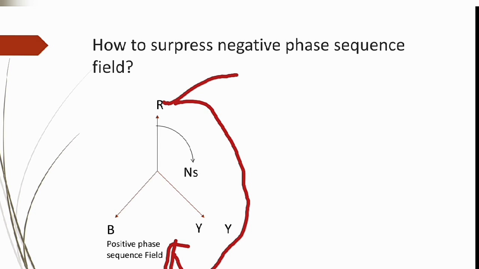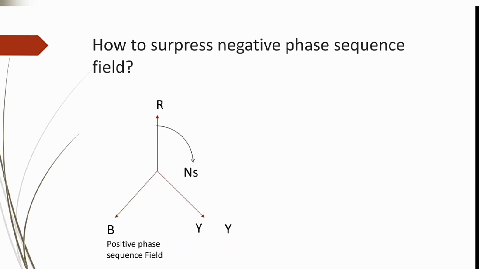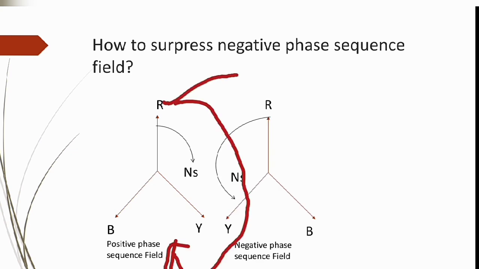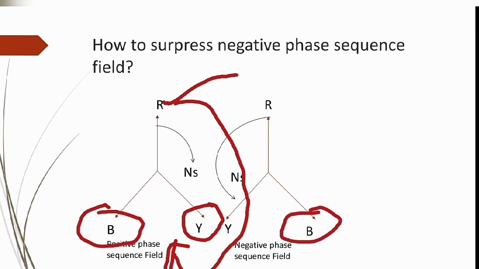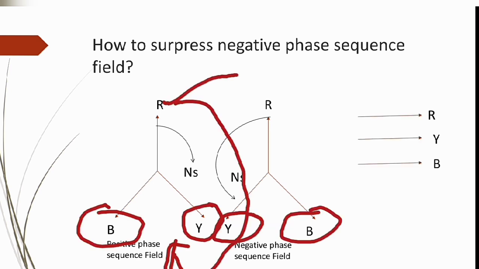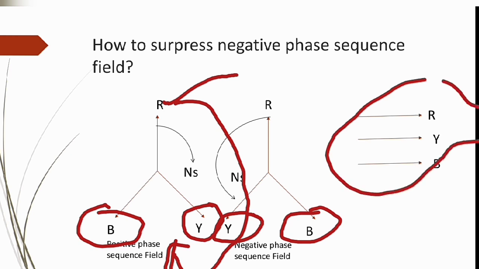Then we talk about the negative phase sequence. Here we exchange the positions of two phases, Y and B, so this one is called the negative phase sequence. The third one is called the zero phase sequence.